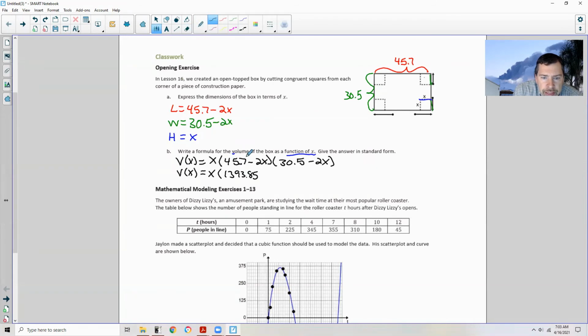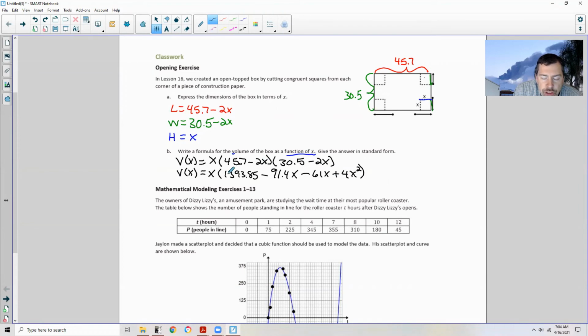Outer is the first and the last term. Positive times a negative is negative. 45.7 times 2. 45 times 2 is 90. Plus 0.7 times 2, which is 1.4. So that'd be 91.4x. And then go to the inner, and that's a negative times a positive is negative. And 30.5 times 2 is 61. And then finally, last, negative times a negative is positive. 2 times 2 is 4. X times x is x squared.